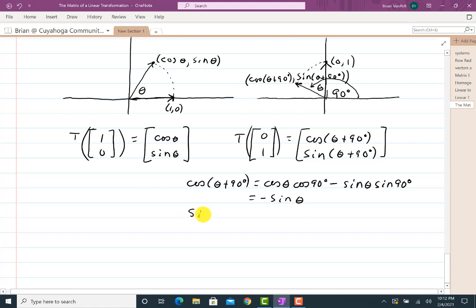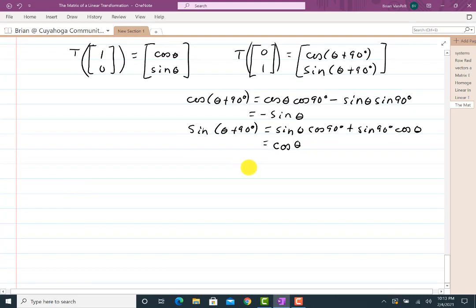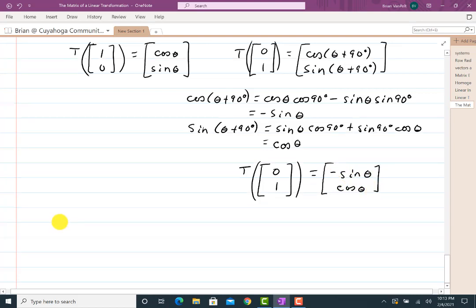And then sine of theta plus 90 degrees equals sine of theta cosine of 90 degrees plus sine of 90 degrees cosine of theta. And as before, the cosine of 90 degrees is 0, sine of 90 degrees is 1. We just get cosine of theta. So I'm able to simplify it a little bit. So T of 0, 1 equals negative sine theta, cosine theta. And there we have it.